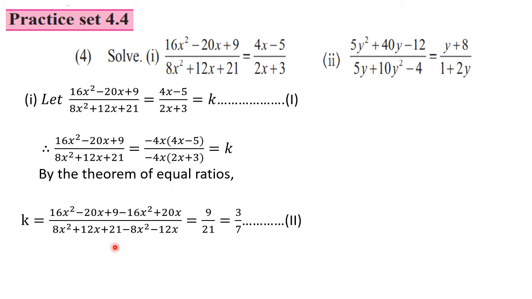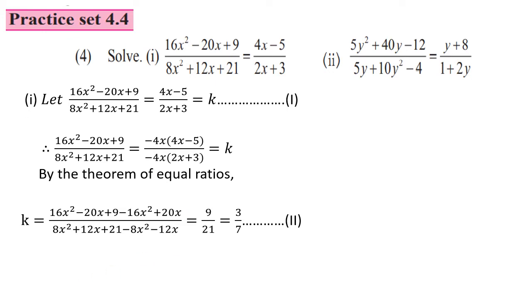By the theorem of equal ratios, the new ratio k is equal to: add these two. So 16x square minus 20x plus 9, and the other numerator is minus 16x square plus 20x. Similarly, 8x square plus 12x plus 21 as the denominator of the first ratio, and the denominator of the second ratio is minus 8x square minus 12x.